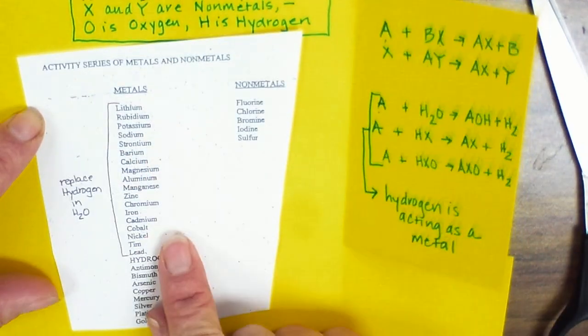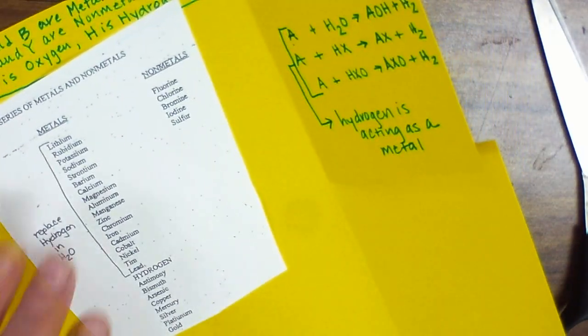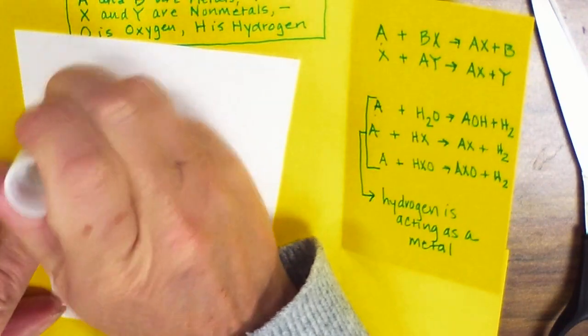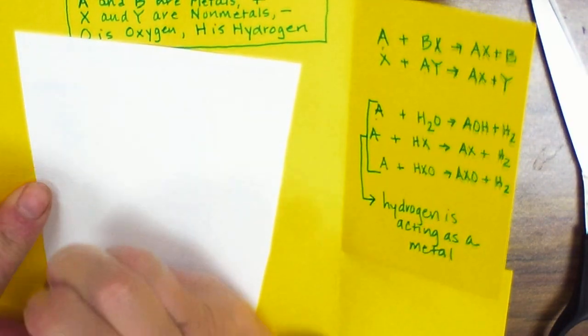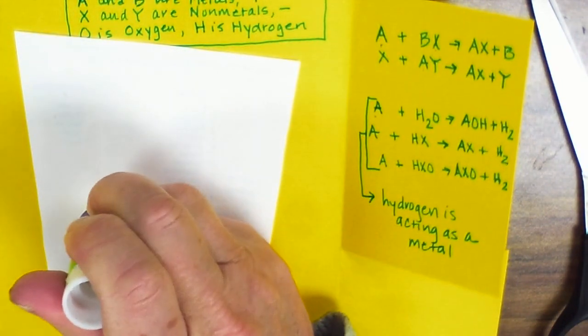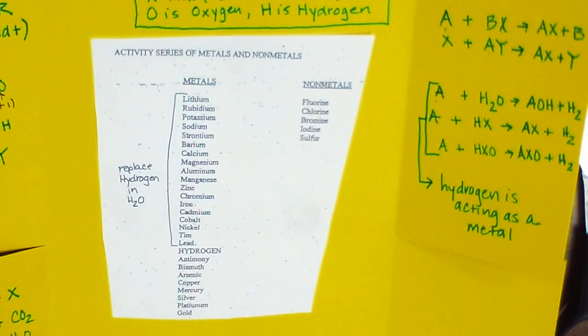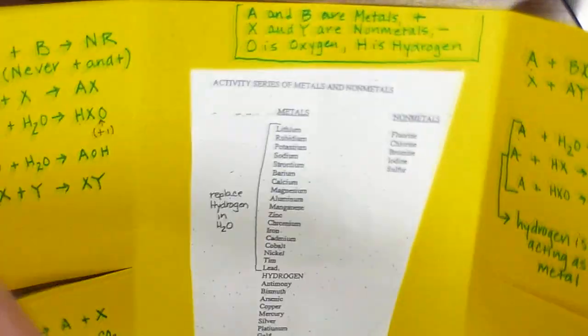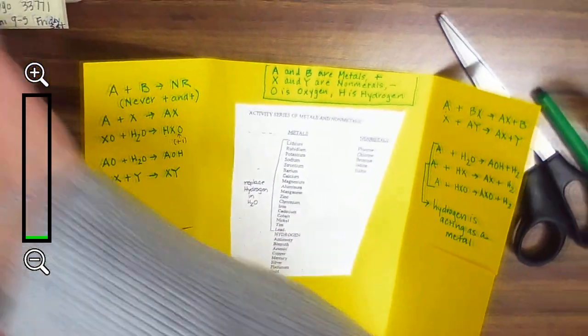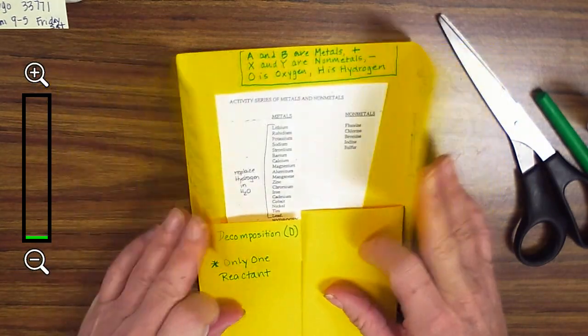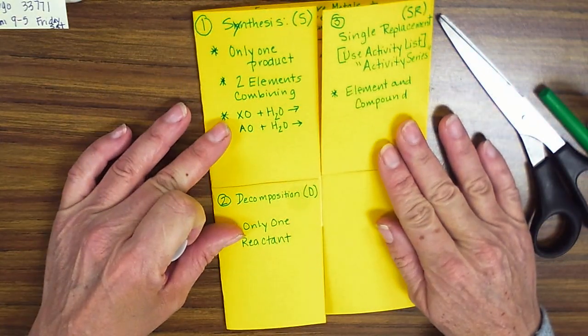So I go right here, and my activity list is here. So here I am. I'm going to use my glue stick right here. I'm going to glue this in. Really good. Okay, there it is. So this is the first part of my foldable. I finished the first part of my foldable.